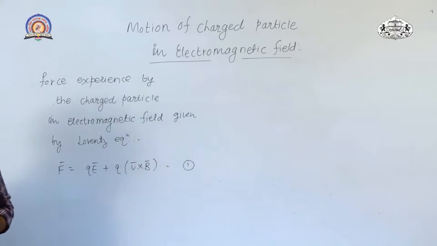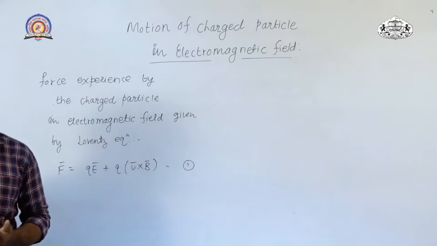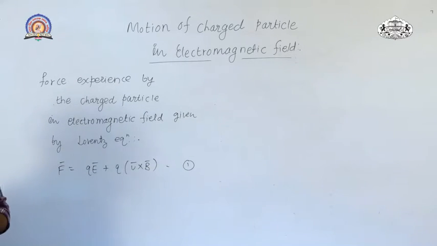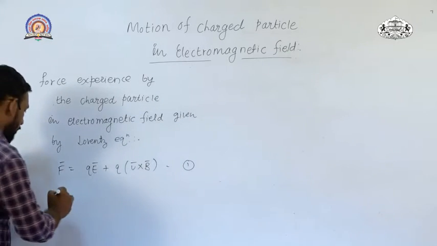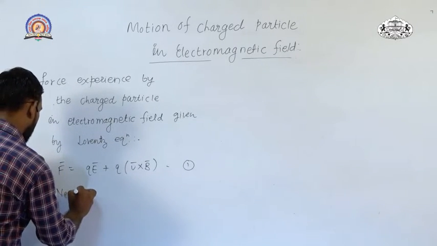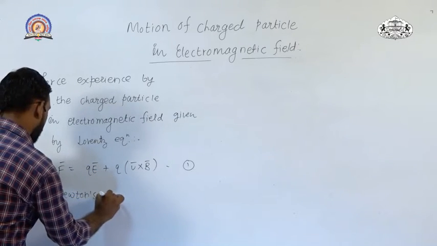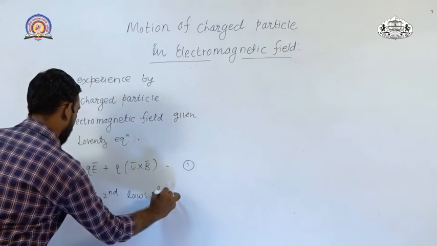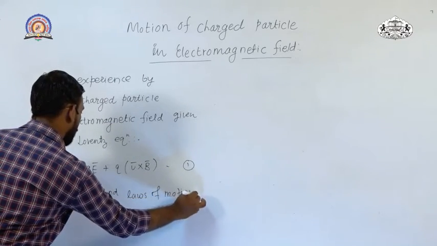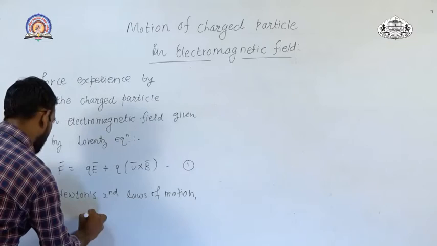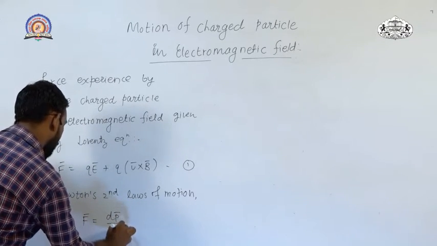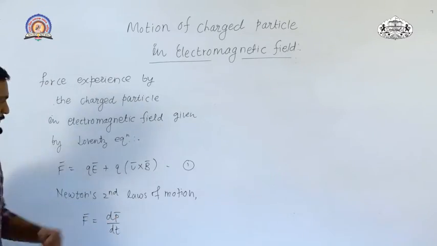When a charged particle experiences a force, of course it produces acceleration. Information regarding the acceleration can be given with the help of Newton's second law of motion. What is the statement of Newton's second law? F = dP/dt, where P is the momentum.